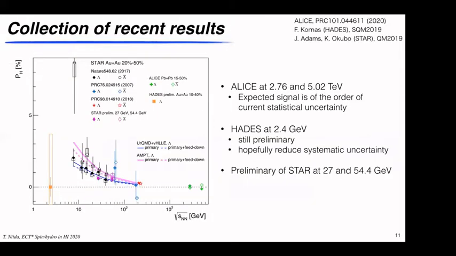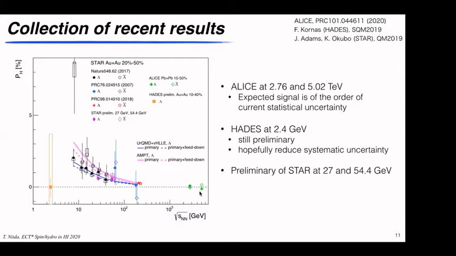And there are also new results from the ALICE experiment and the HADES experiment. Here again is the energy dependence of the polarization, and the most right data are from the ALICE experiment for 2.76 and 5 TeV lead-lead collisions.